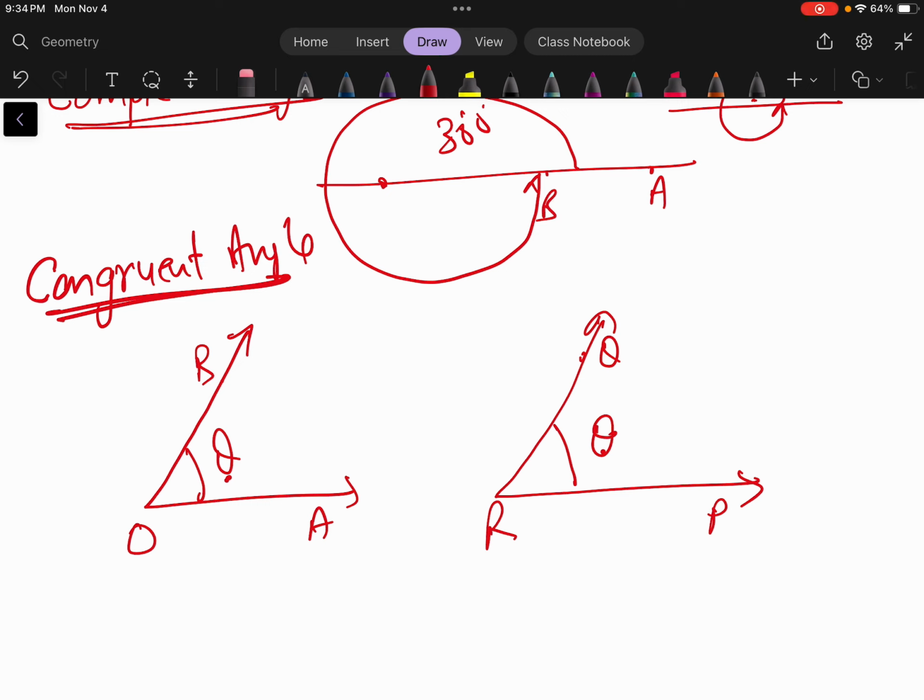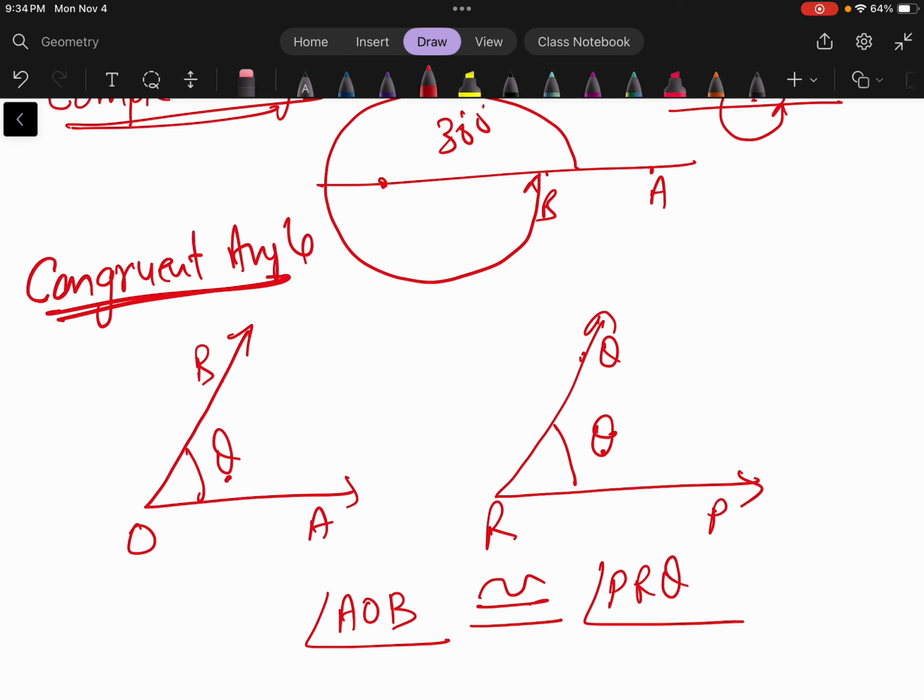How do we denote it? Angle AOB, then the congruent symbol, and then angle PQR. Both these angles are congruent angles.